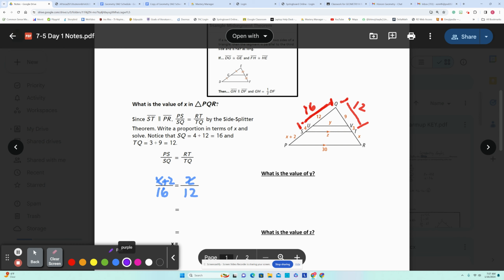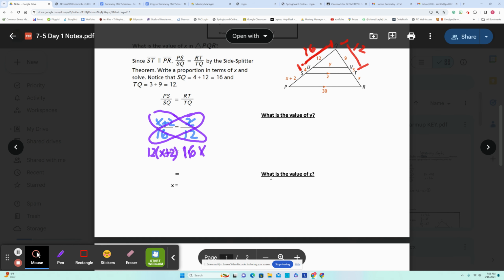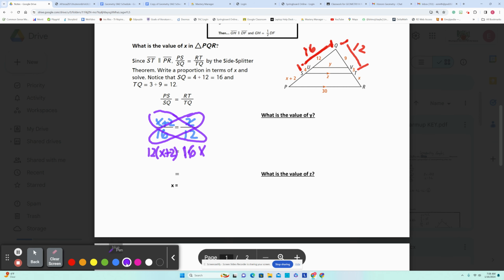So what we do here is we cross multiply. We're going to cross multiply these two and these two, giving us 12 times x plus 2 equals 16 times x. If we continue with this process, we have 12x plus 24 equals 16x.